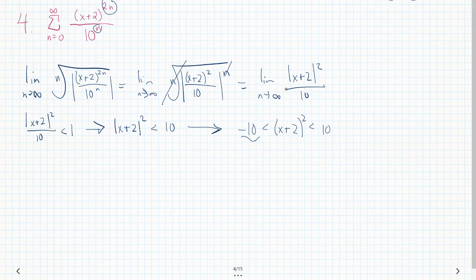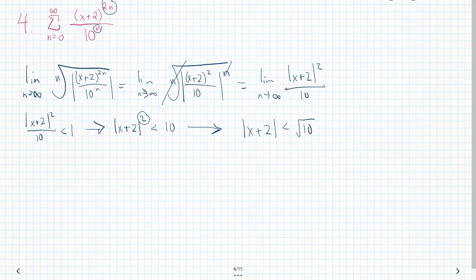Oh, by the way, if you want to find the radius of convergence, or rather the interval of convergence, let me scoot back here real quick. Okay, so how do we solve for this? Well, you have x plus 2 squared is less than 10, or an easy way is to take the square root, so you get absolute value of x plus 2 is less than the square root of 10.